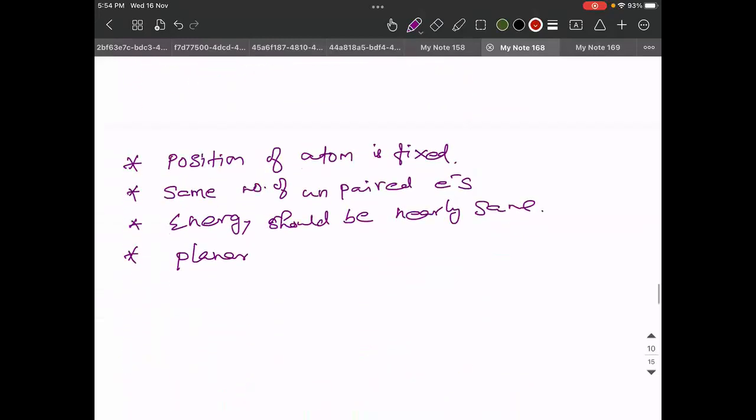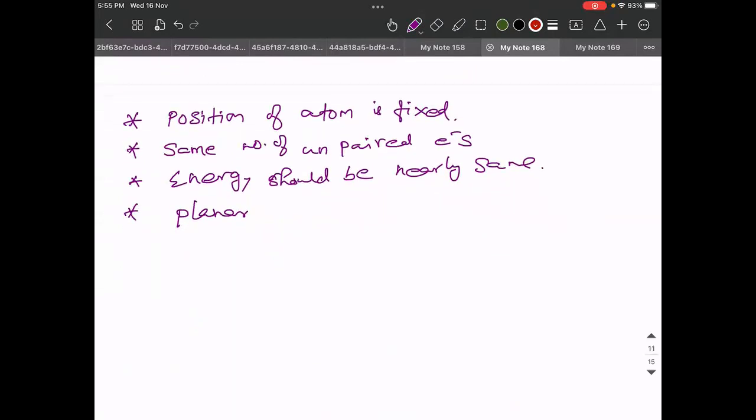So what is the effect of this resonance? I already said the charges should be the same. For example, when you are writing carbonate CO3 2 minus, you have to write the resonance structure for CO3 2 minus.